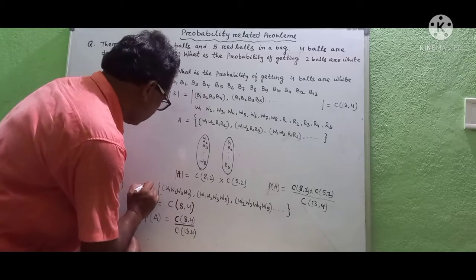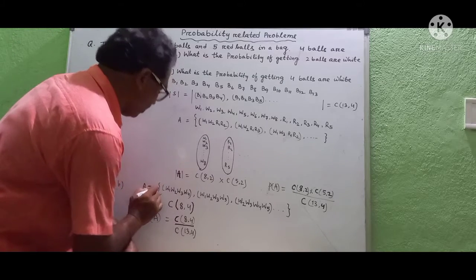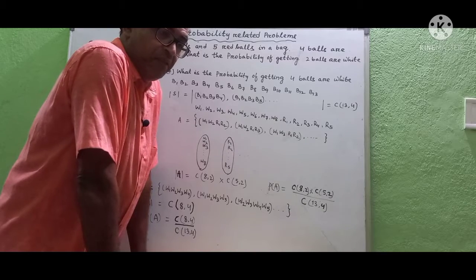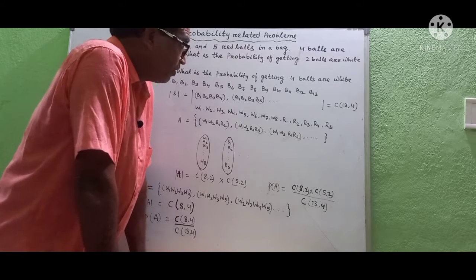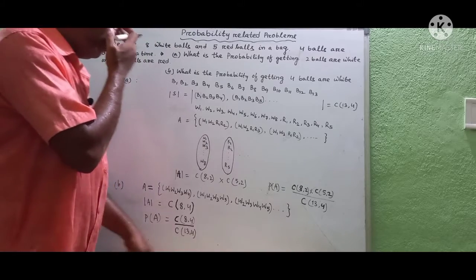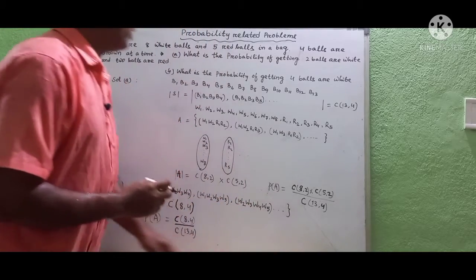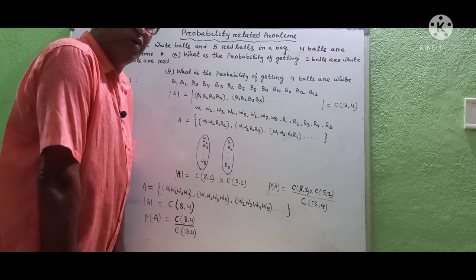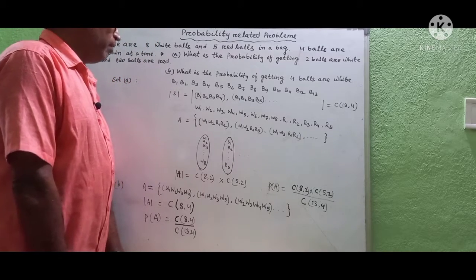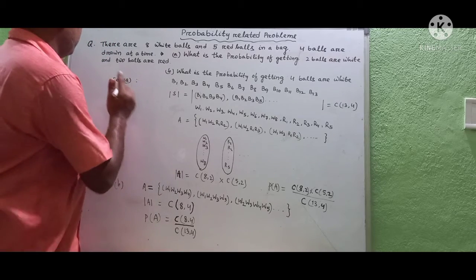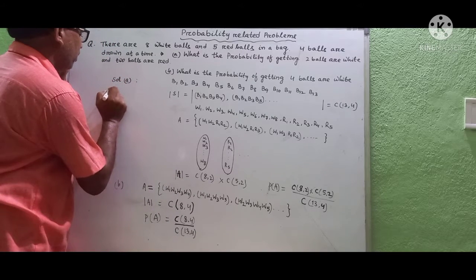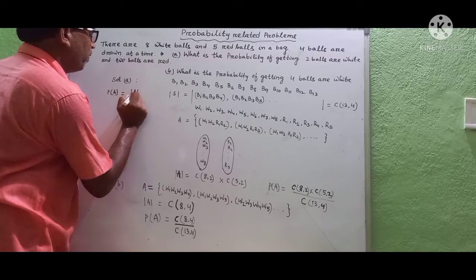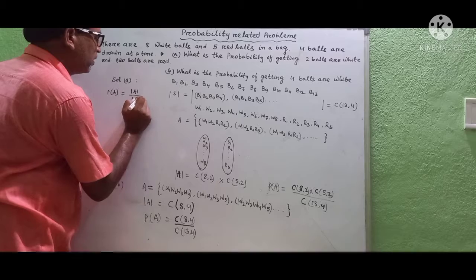Perhaps you have understood it clearly, and if you feel any doubt, you may convey it to me in the comment box. And another thing you will have to remember: in case of an equiprobable space, a uniform space, you can apply the probability of A, which is the cardinality of A by the cardinality of the sample space.